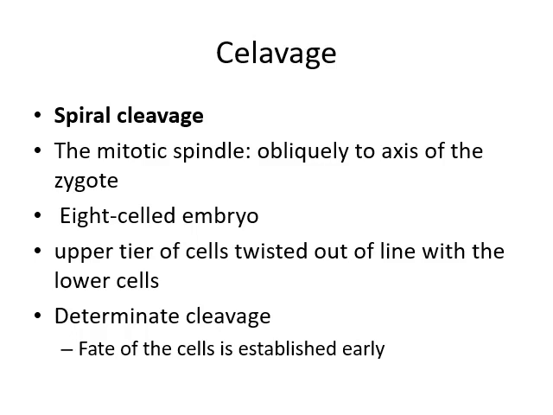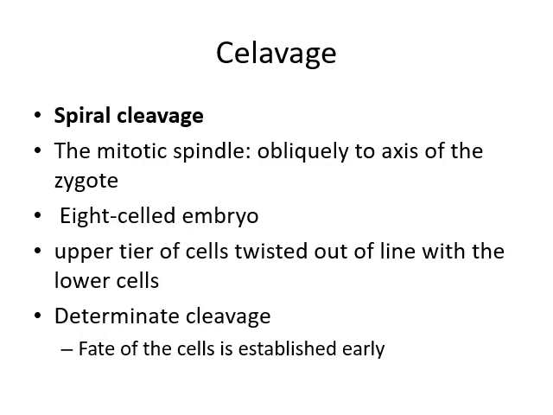First of all, spiral cleavage. Spiral cleavage is the cleavage present in the protostomes in which the newly formed cells form an angle with their parent cell, or their axis has an oblique orientation within the zygote.